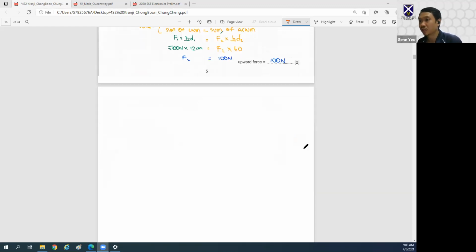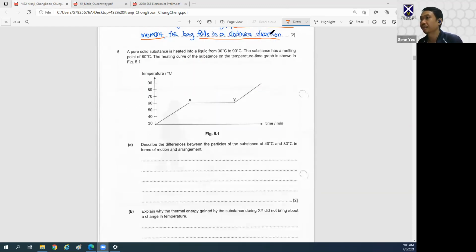So let's move on to question 5, all right? So question 5 is testing you on the chapter of thermal properties. I've got a pure substance heated into a liquid, okay, from 30 all the way to 90 degrees. And this has a melting point of 60 degrees. So this is the melting point.